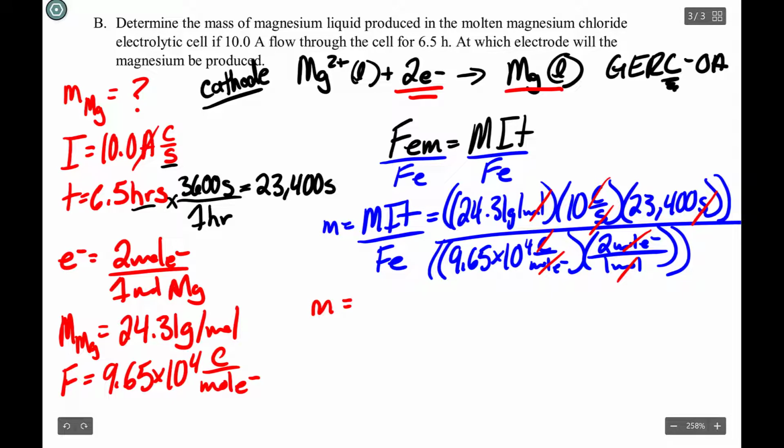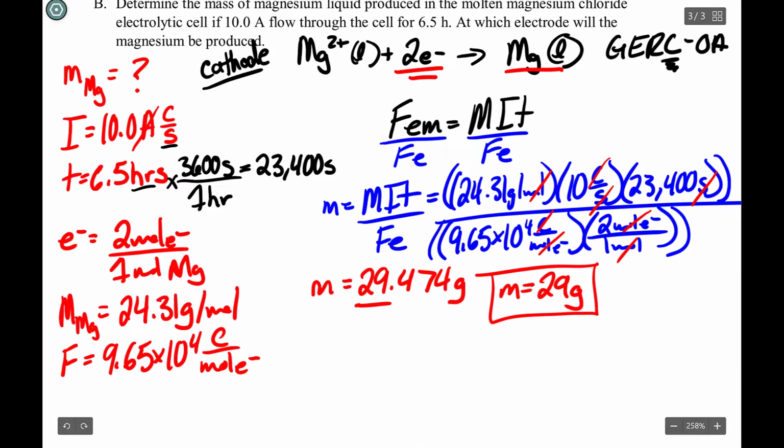I might as well just finish off this calculation, and then I'll show you the other way of doing it. And I got 29.474 grams. I need 2 significant digits, so this would end up being a mass of 29 grams.